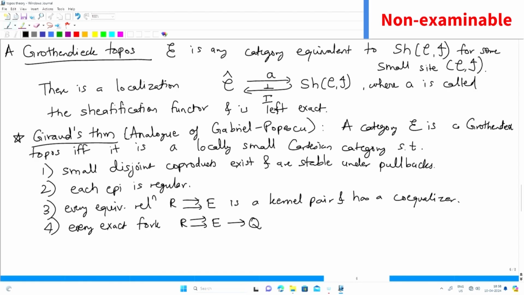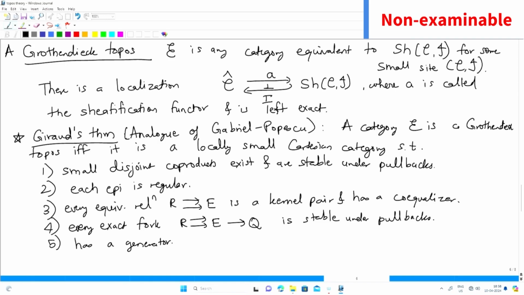So this is like a short exact sequence. And it is stable under pullbacks. And finally it has a generator. So it's exactly like Grothendieck's axioms for Grothendieck categories.